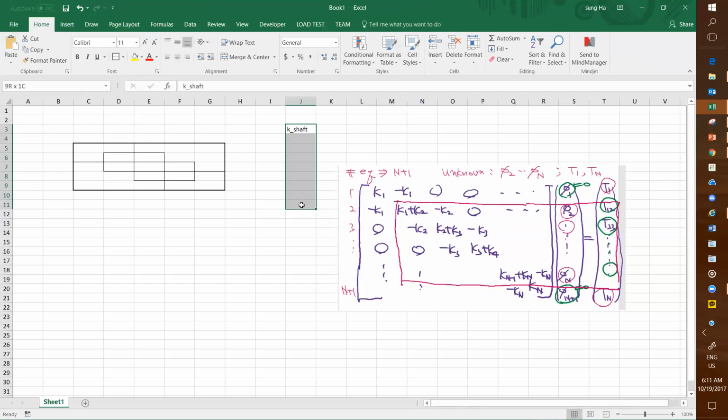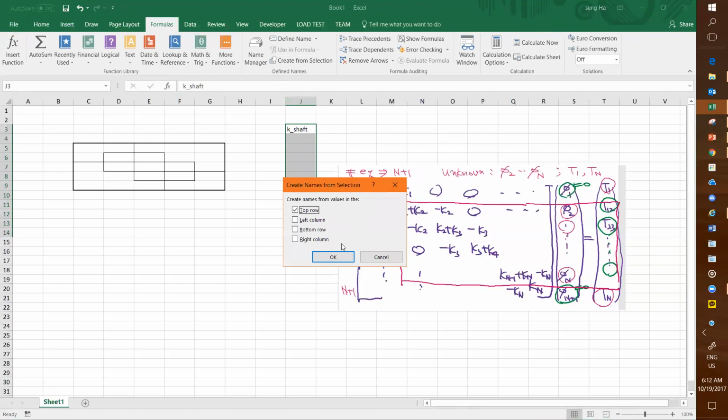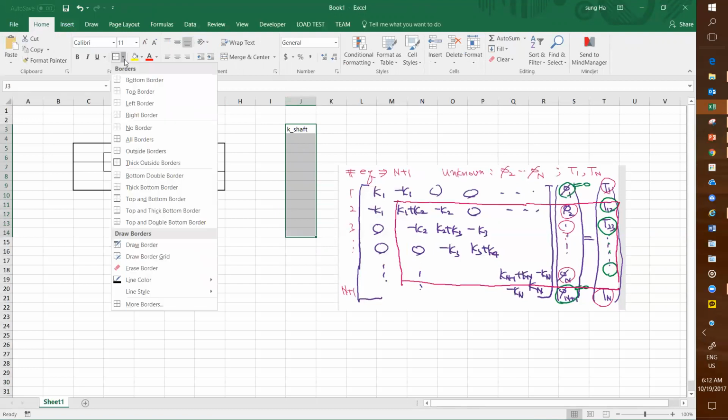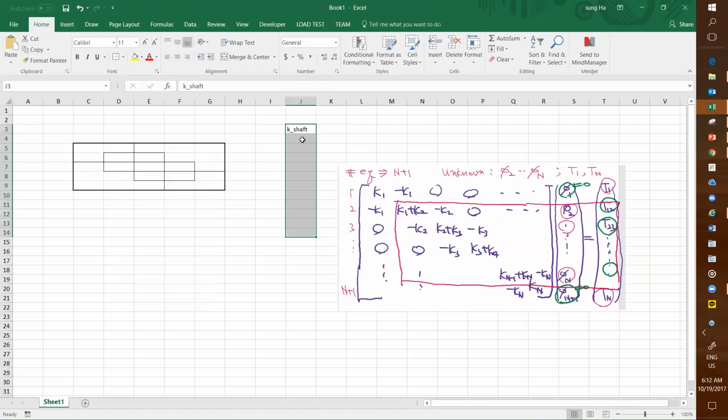And I will just select this much as the equations. So here, as you can see, K shaft 1 can be easily calculated from GJ divided by L. But here I'm not going to pay attention to that. I'm going to just use equal.